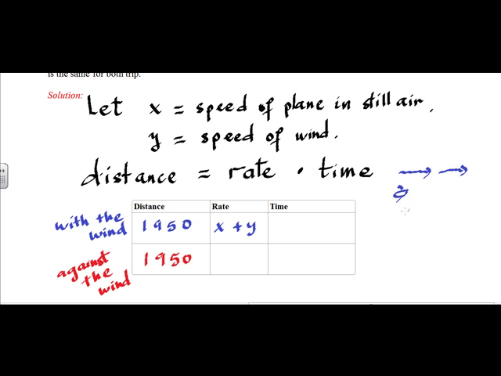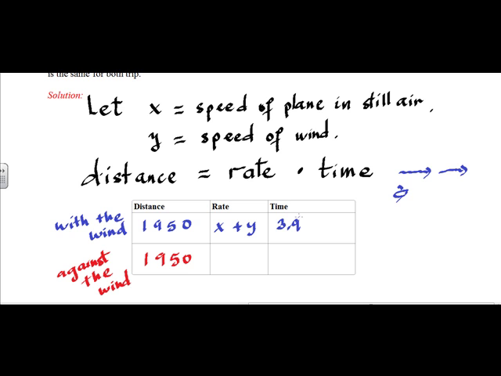When we go with the wind, the plane goes this way. If x stands for the speed of the plane, and y stands for the speed of the wind, you have x plus y. The time will be 3.9 hours.